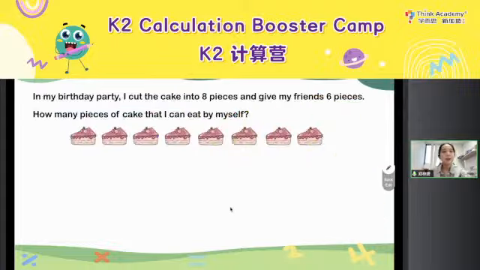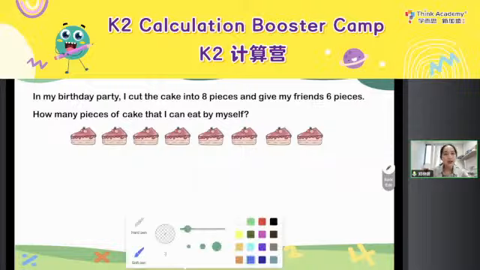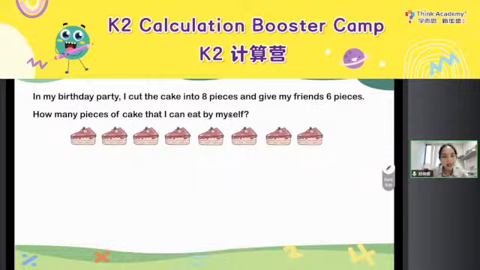So in my birthday party, I cut the cake into 8 pieces and give my friends 6 pieces. How many pieces of cake can I eat by myself? Oh, that's a tricky question. I want to eat as many cakes as I can, but can I? I already sent 6 pieces. So now you can see that for all these cakes, they are 8 pieces at first.